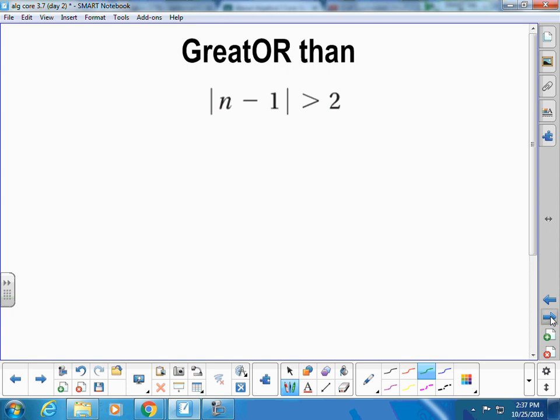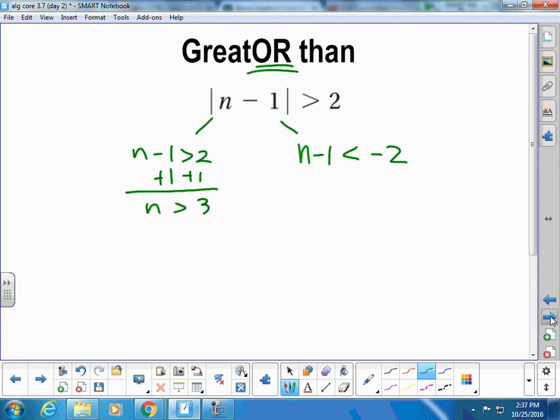Greater than. So this time I have this part, greater, highlighted or in capital letters. That's because it's going to end up being an "or" one. So again, write one of them exactly as it is and do the same n minus 1. I flip it and I switch the sign. Flip and switch. So how do we solve? We add 1 on both sides and I get n is greater than 3.